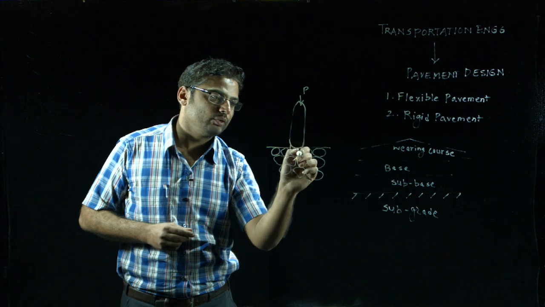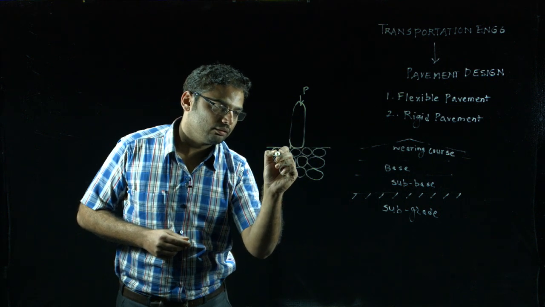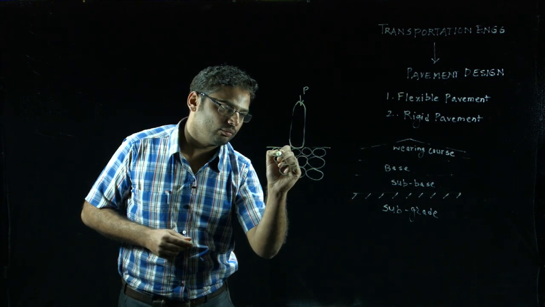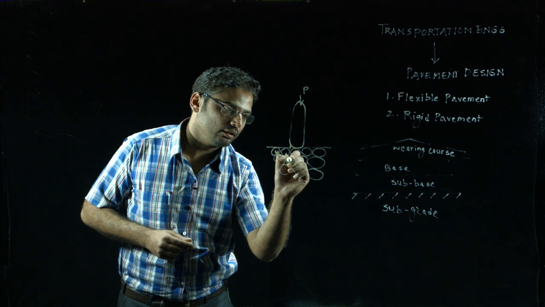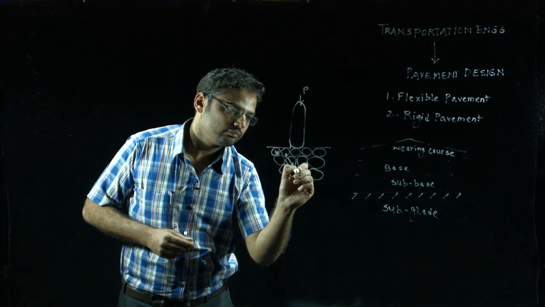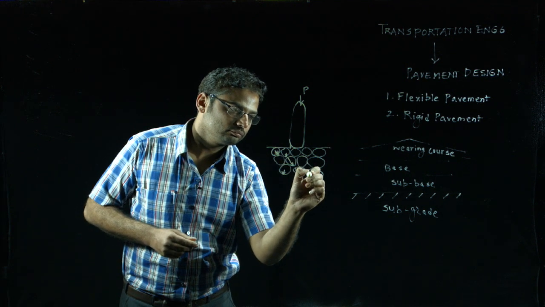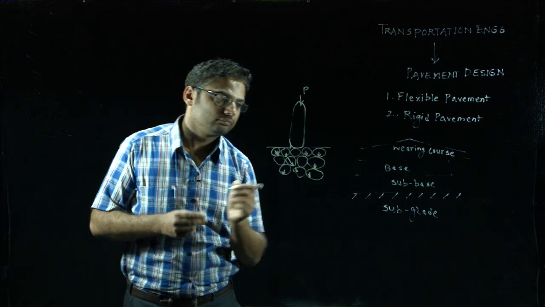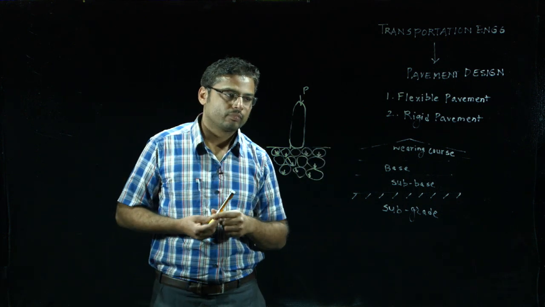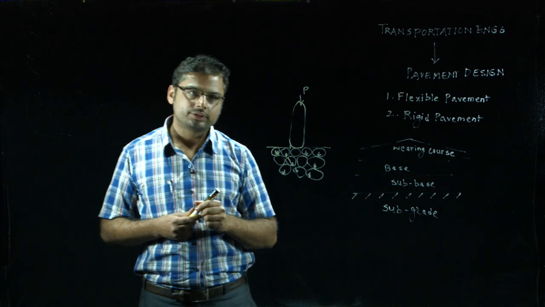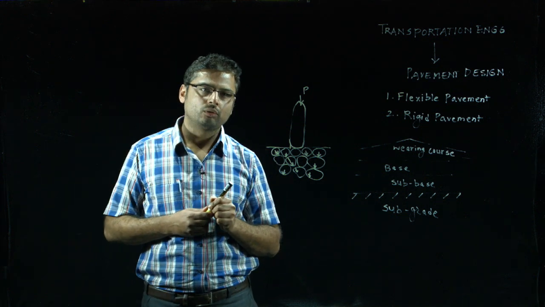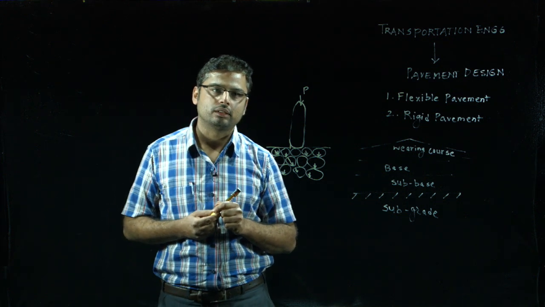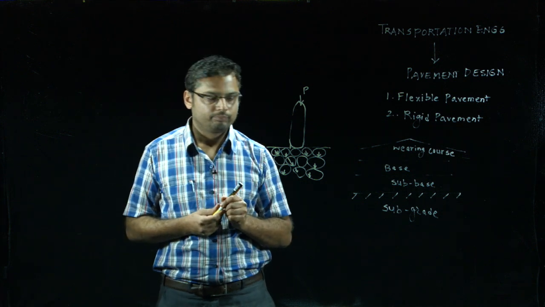So, when the load is coming on this layer, the load is getting transferred from this grain to grain like this. Whereas in rigid pavement, the pavement is constructed directly on the subgrade.